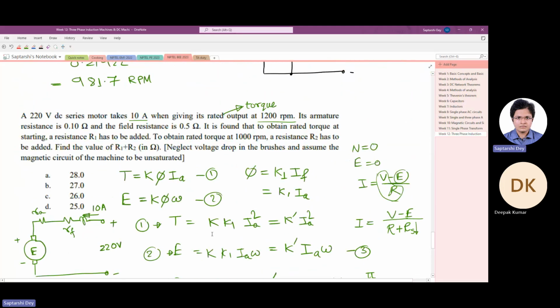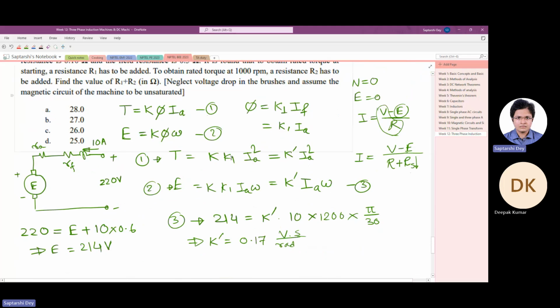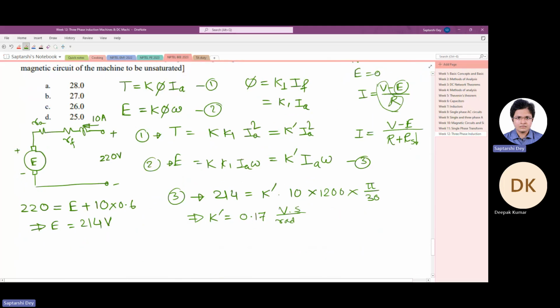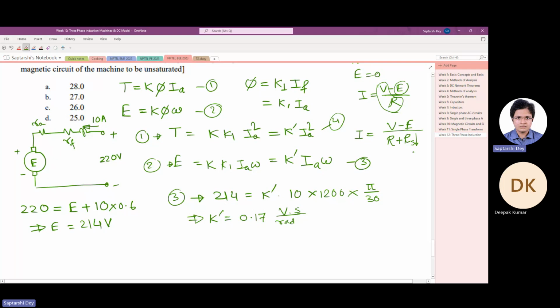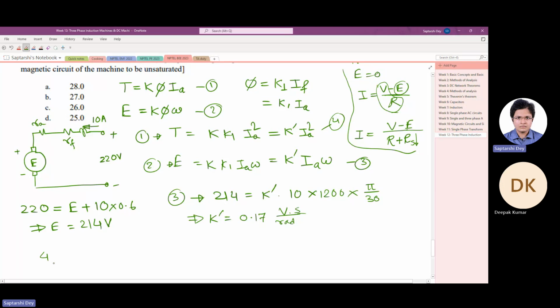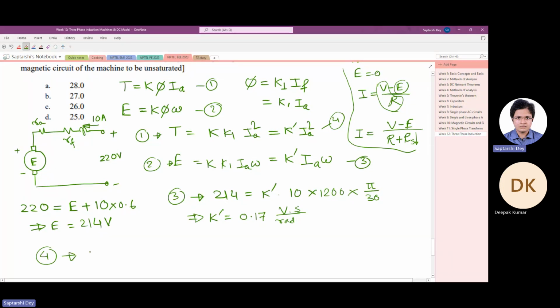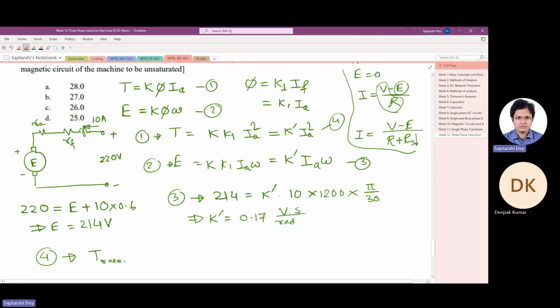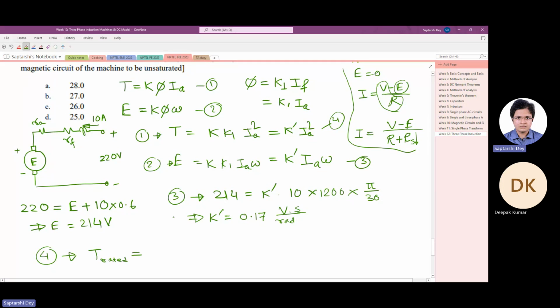And we are trying to get rated torque at starting, so we will find out the rated torque also. How much is the rated torque? We now have enough data to find it. If I call this equation 4, then from 4 what we get is the rated torque. This is definitely the rated torque, because the calculations are all for rated conditions, as mentioned.